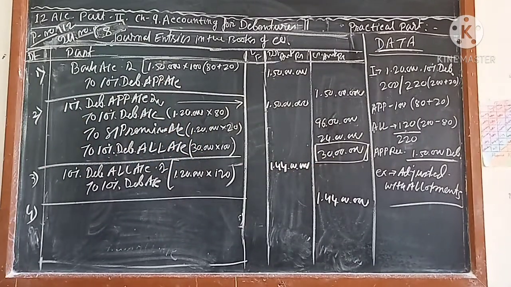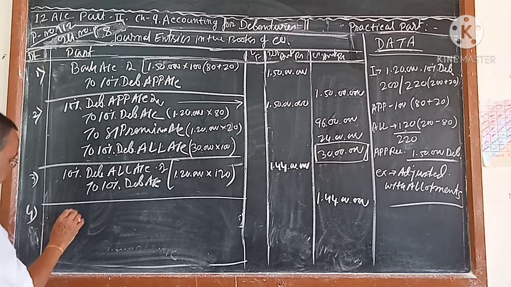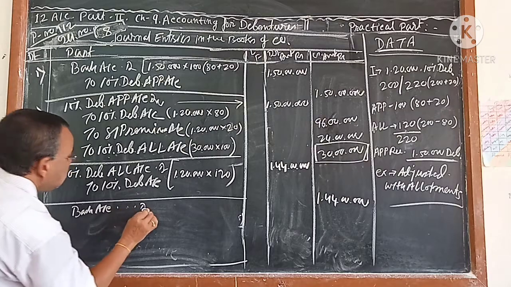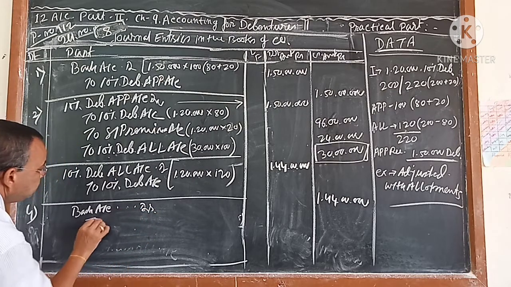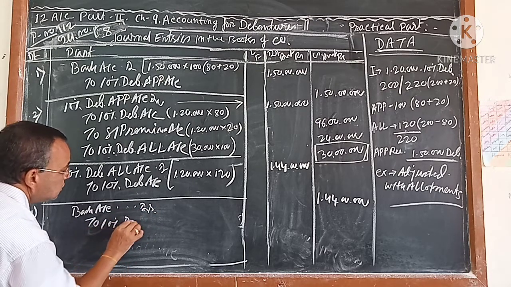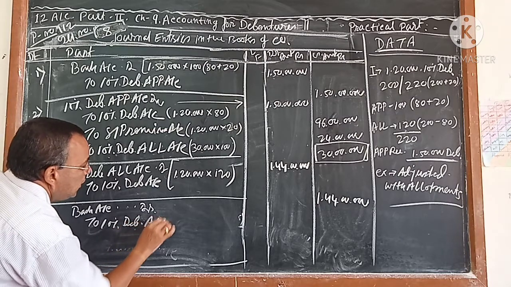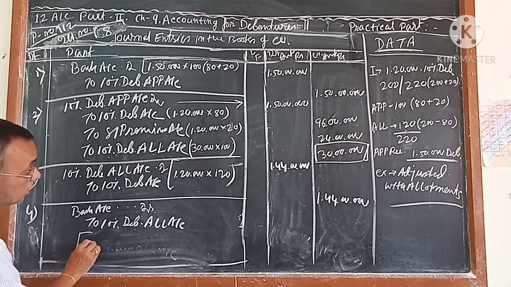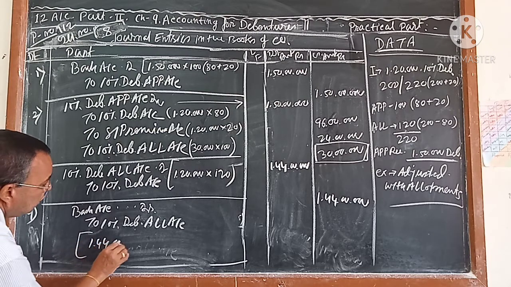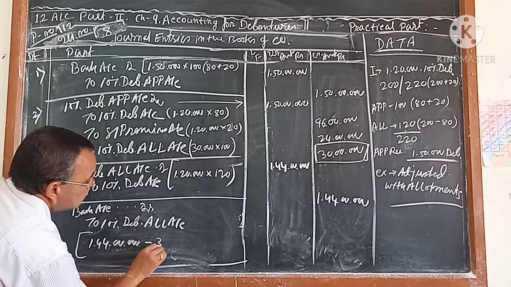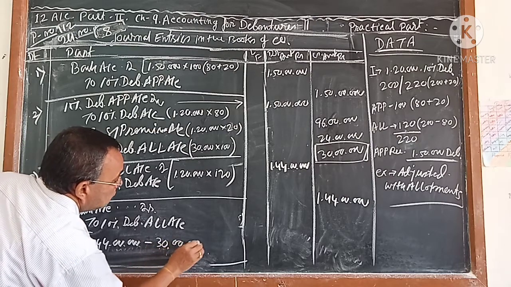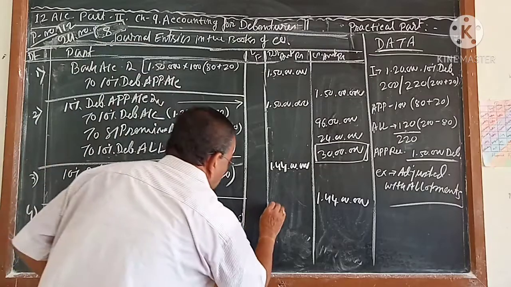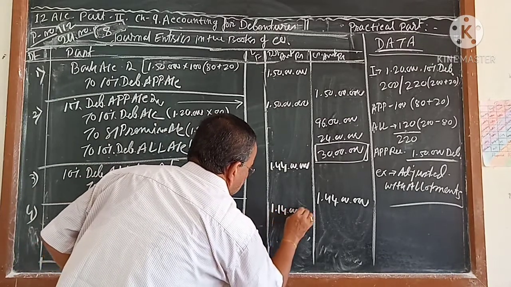So bank account debit to 10% debenture allotment account. I am writing it here. 144.50 minus 30.50 is 114.50.